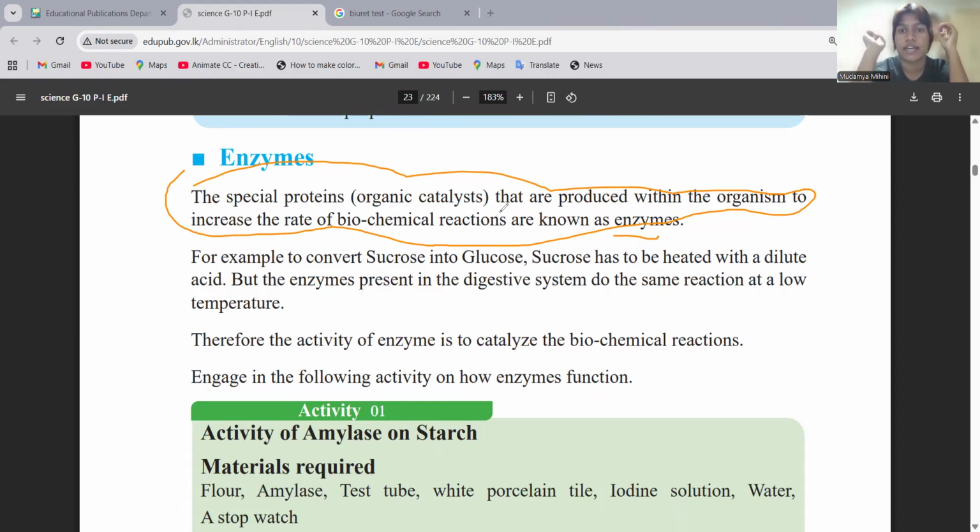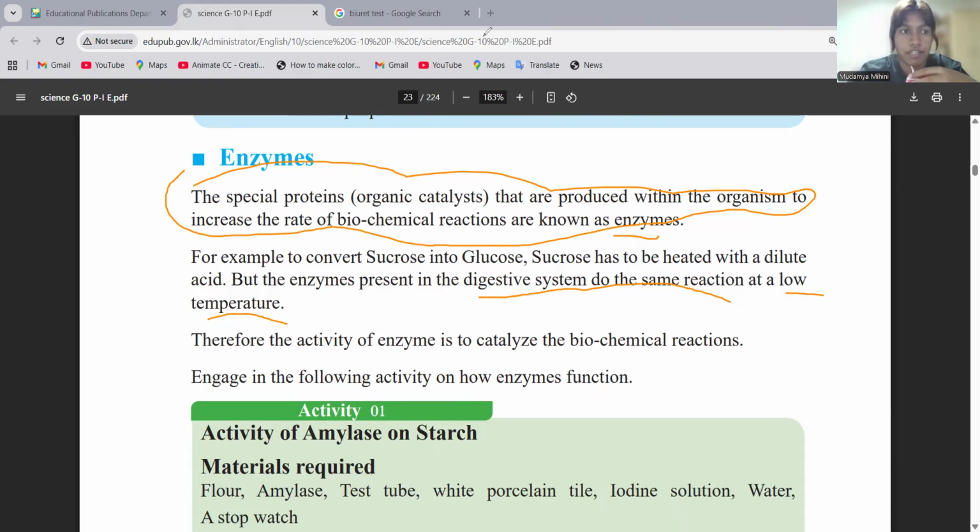There's an enzyme present in the digestive system that does the same reaction, but the difference is that it does it at a low temperature. So enzymes do the same reaction, breaking down sucrose into glucose, but at a lower temperature. The activity of an enzyme is to catalyze the biochemical reaction. Biochemical reactions are basically breaking down the food and all.